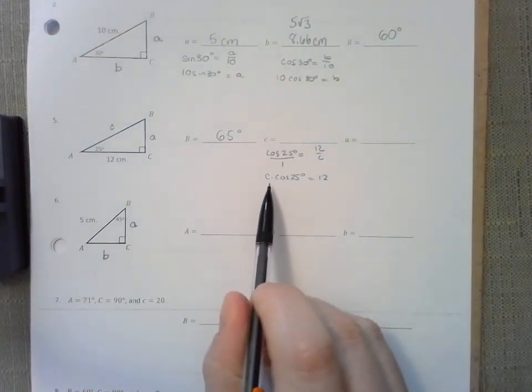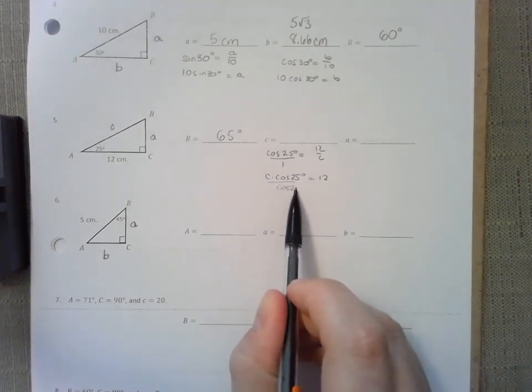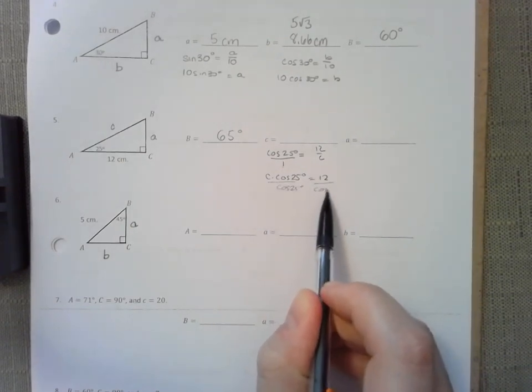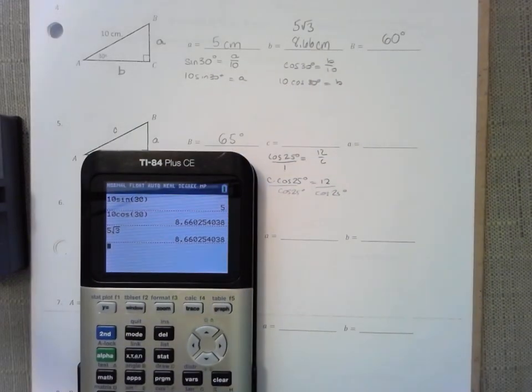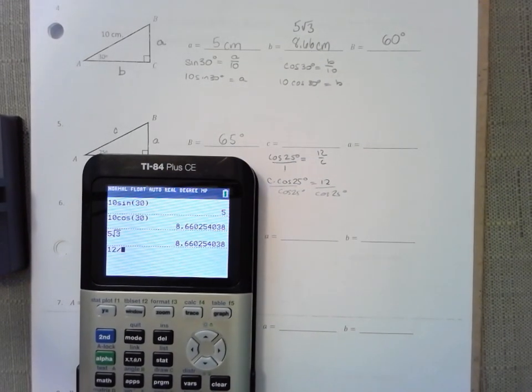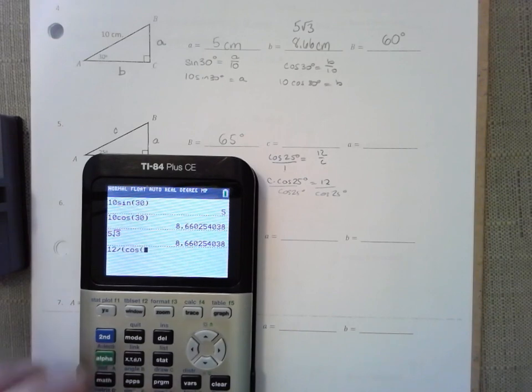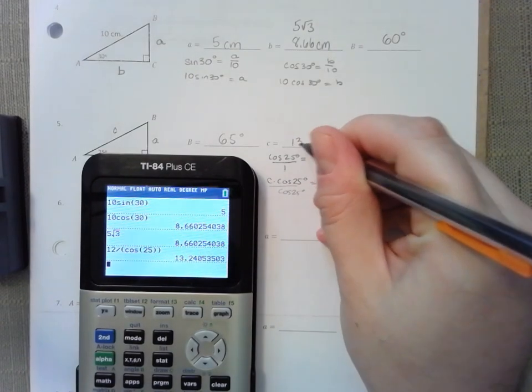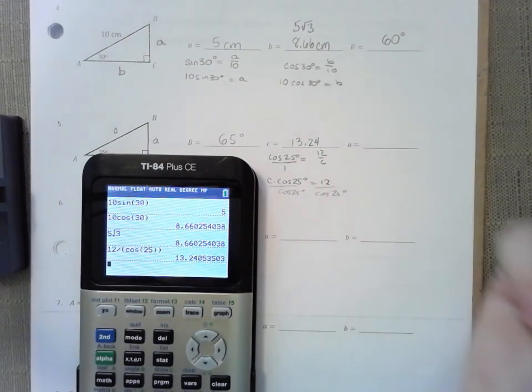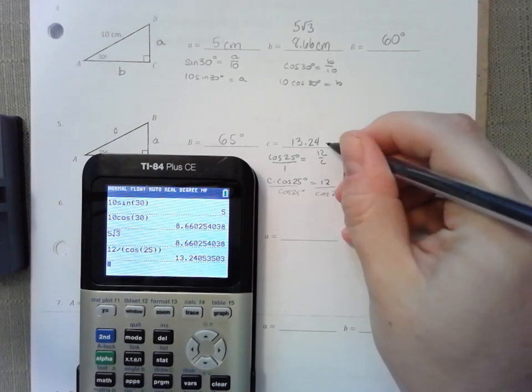To find the value of C, we're going to divide both sides by the cosine of 25 degrees and evaluate this with our calculator. 12 divided by the cosine of 25 degrees, and we get approximately 13.24. The 0 would round that up. In the units, looks like it's centimeters, so centimeters it is.